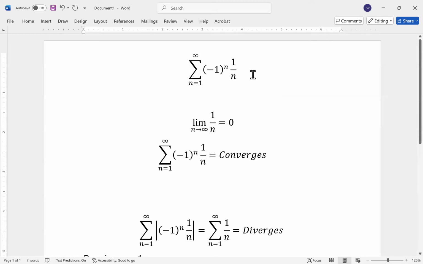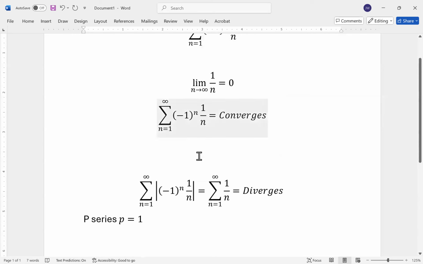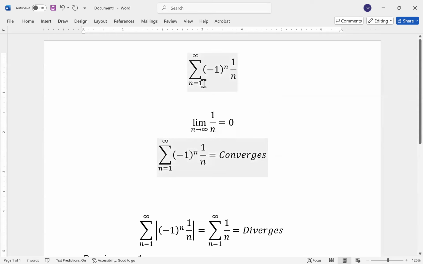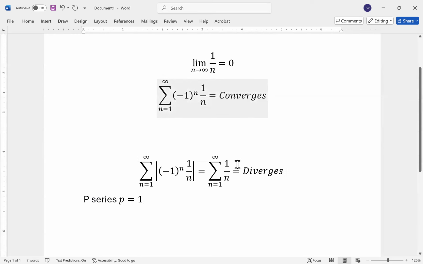So sometimes the alternating series will converge, but when I take the positive terms and add them all up, it diverges. There are other times where the alternating series will converge, and when I take the absolute value of the terms, it also converges.